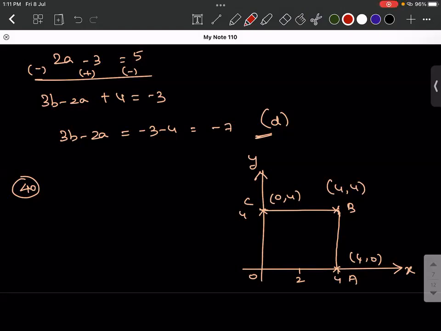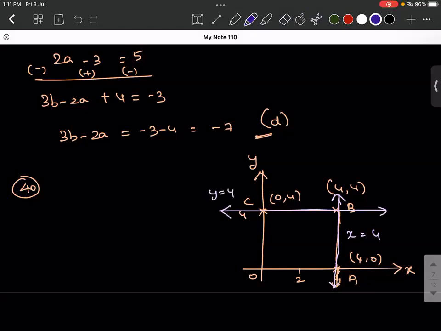So equations. If I take this as one line, I'll use a different color. If I take this as one line, then what is the equation of that line? X is equal to... very good. If I take this as another line, then the equation of this is, very good.